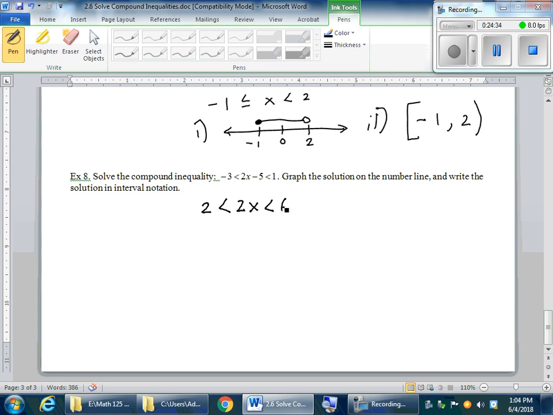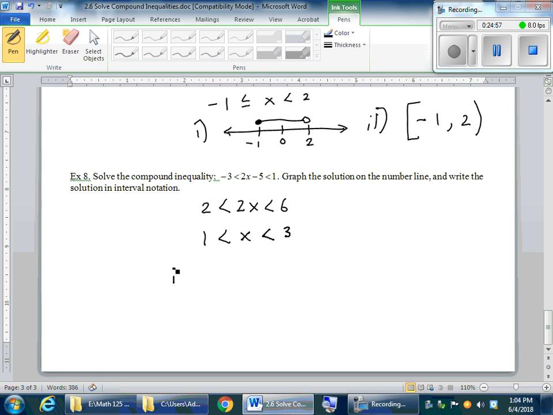Now we divide all three parts by 2, which is 2 divided by 2 is 1. And 2x divided by 2 will be x itself. And then lastly, 6 divided by 2, which will be 3. So if you skip the step, it will be very fast.